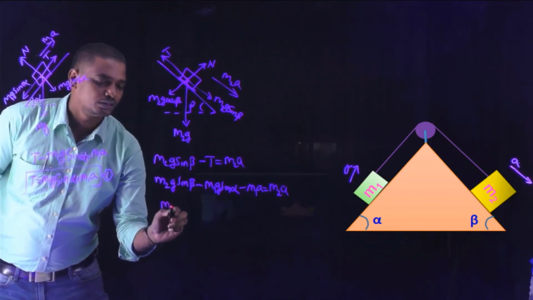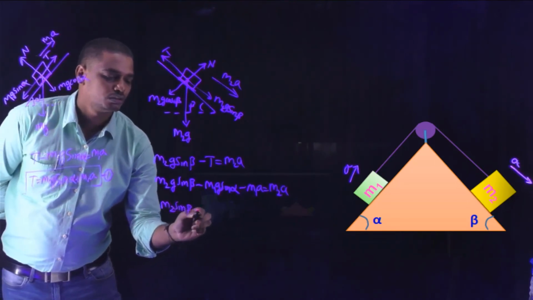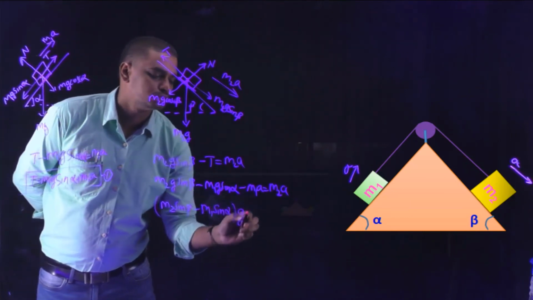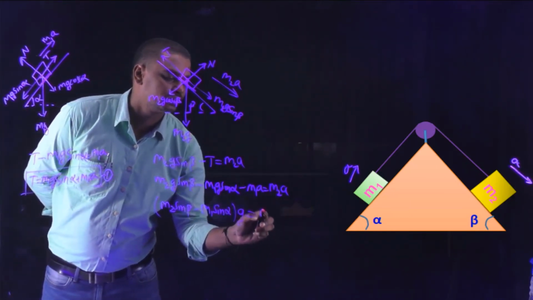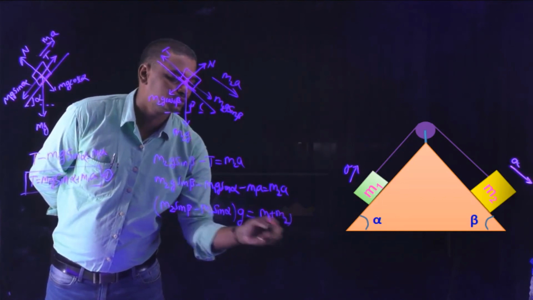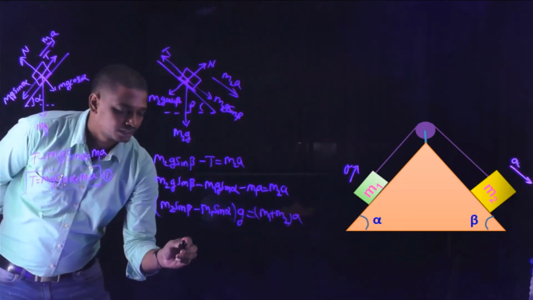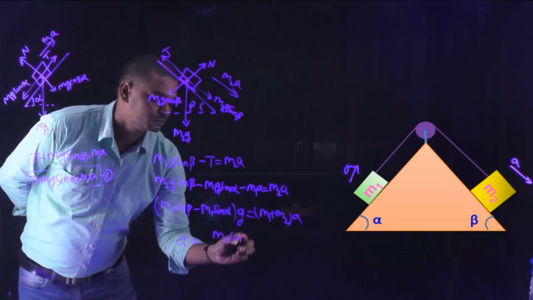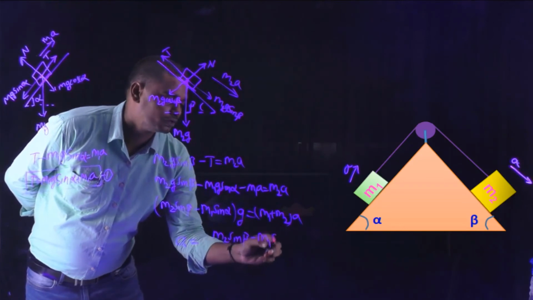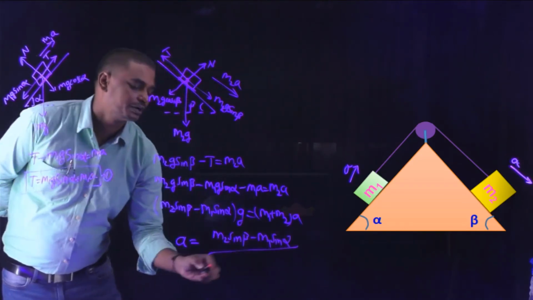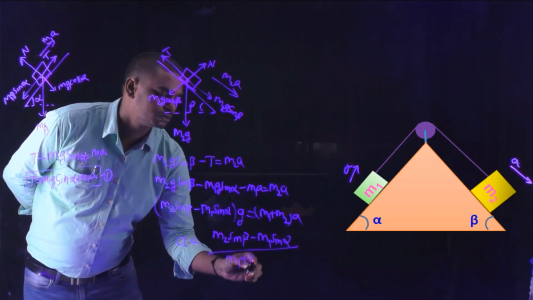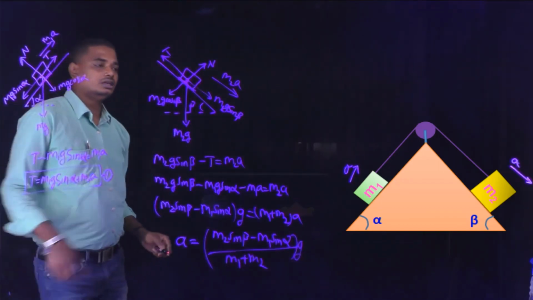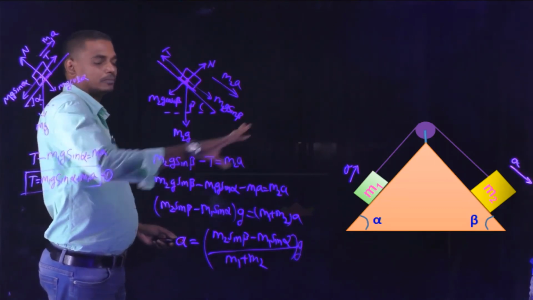So (m2 sin beta minus m1 sin alpha) into g is equal to, as m1a goes outside, (m1 plus m2) into a. Therefore, acceleration of the block A is equal to (m2 sin beta minus m1 sin alpha) divided by (m1 plus m2) into g. So this is the acceleration of the blocks of masses m1 and m2.